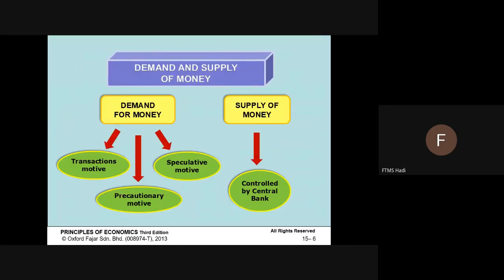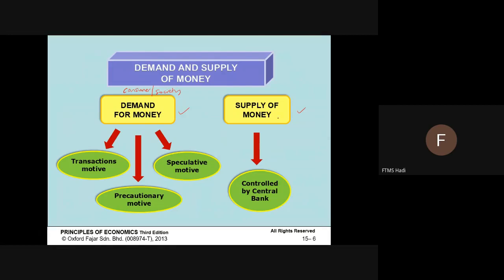Okay, so we have demand and supply of money, as always, as we learn in micro and macro terms. Demand for money is usually for consumers or society, those people who really want money. There are three motives for why they need money.